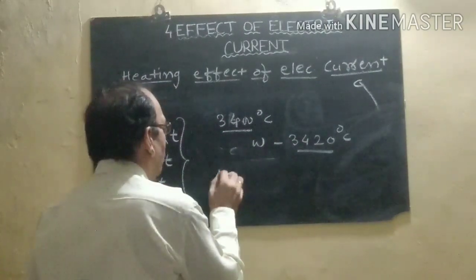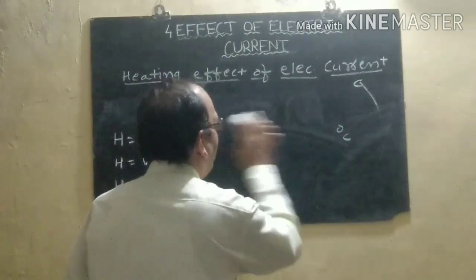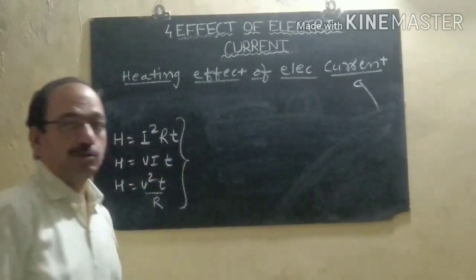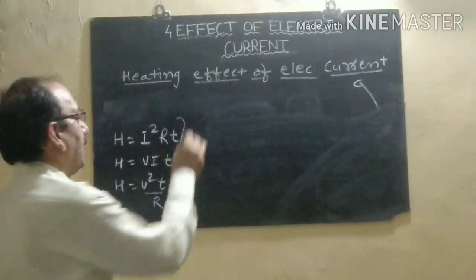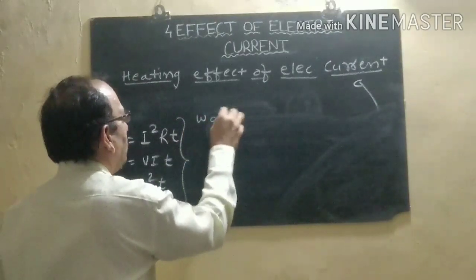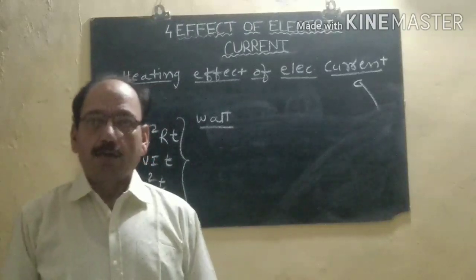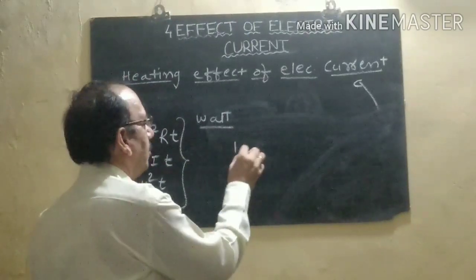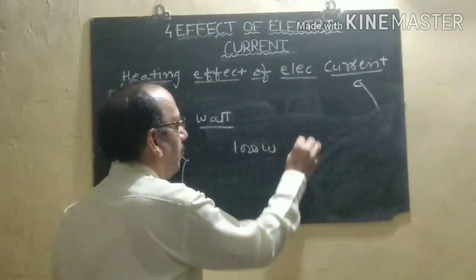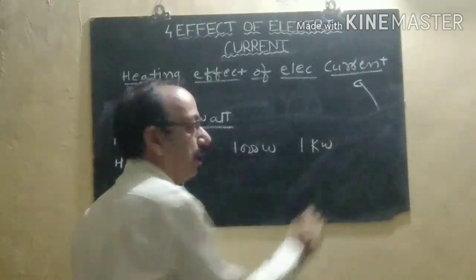Now, the smallest unit used for electrical power is the watt. But it is a very small unit. We use 1000 watt or 1 kilowatt in daily use.